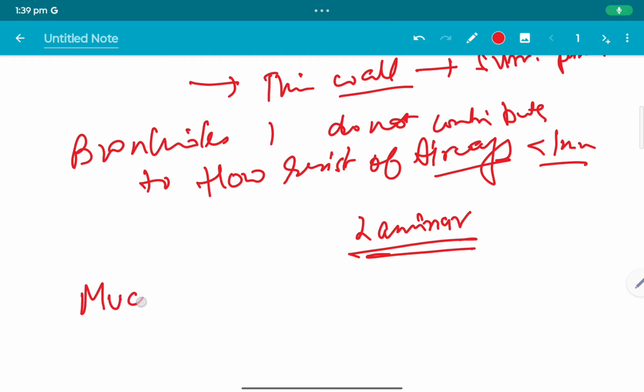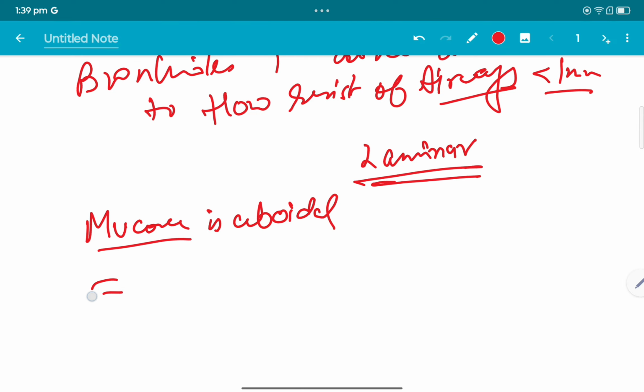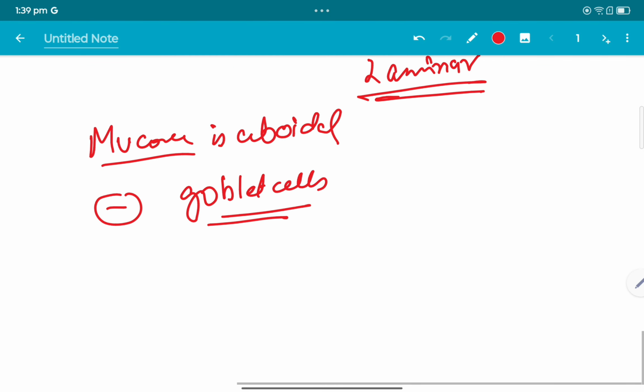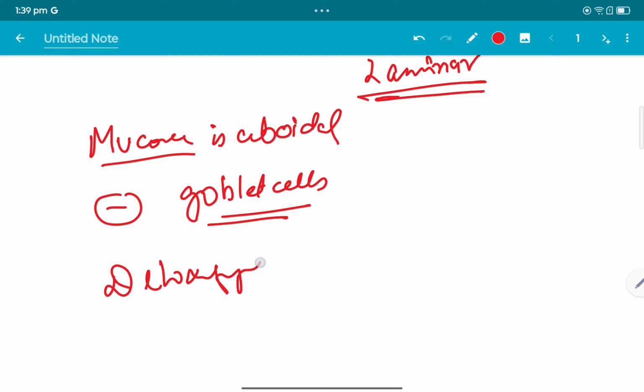The mucosa is cuboidal, with absent goblet cells, but they have detoxifying and secretory function.